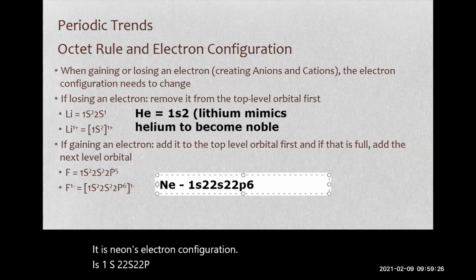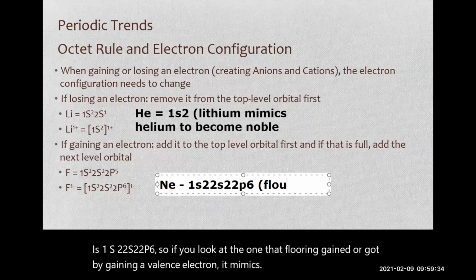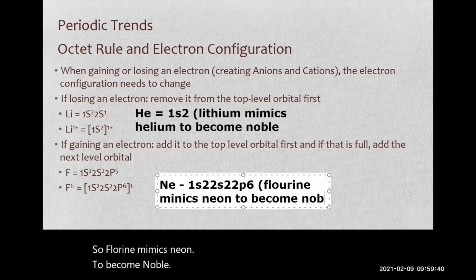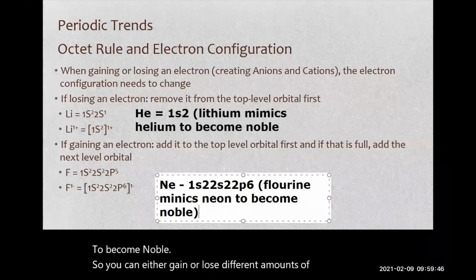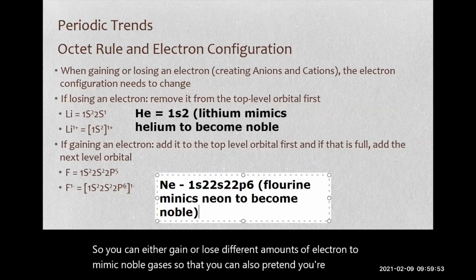So if you look at the one that fluorine got by gaining a valence electron, it mimics neon. Fluorine mimics neon to become noble. So you can either gain or lose different amounts of electrons to mimic noble gases so that you can also pretend you're noble. That's the end game.